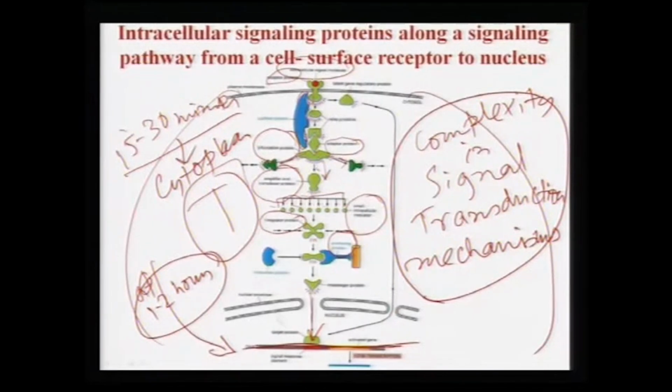What I am saying is that this entire cascade, in biological language, is called a signaling cascade. If it is to change the metabolic activity of the cells or the cytoplasmic activity of the cytoplasm, then it takes 15 to 30 minutes. But if it has to change the gene expression, then it takes 1 to 2 hours.